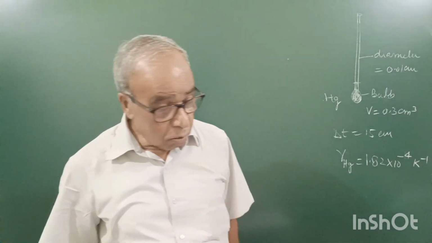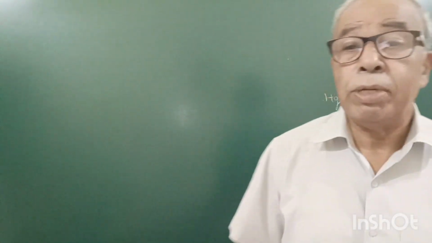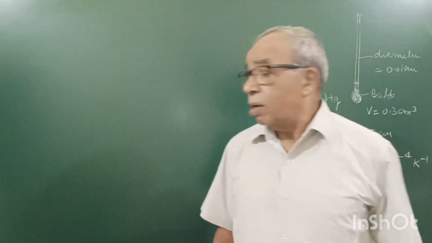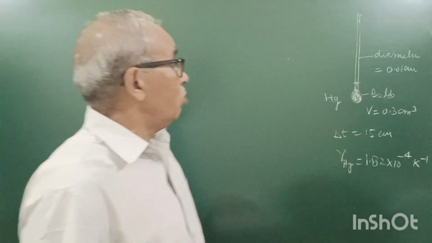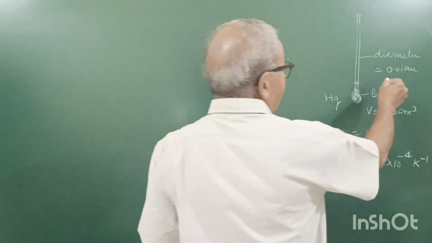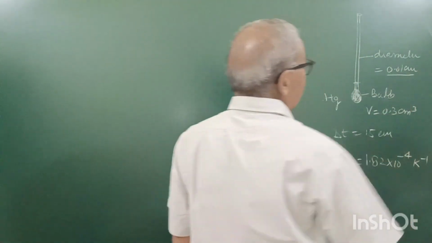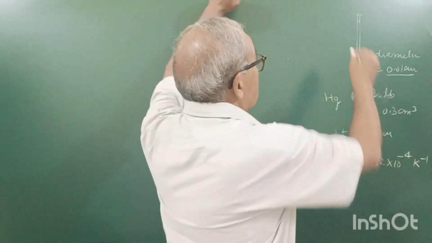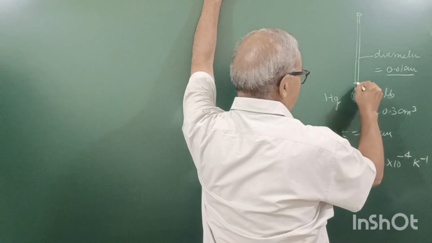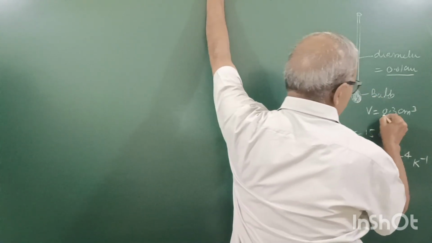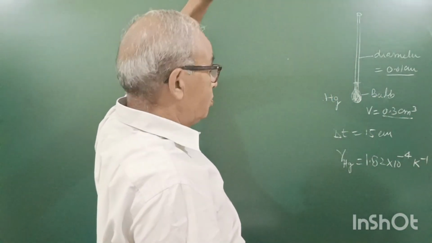Hello dear students, now there are some more questions based on thermal expansion. The figure shows a mercury thermometer whose stem has a diameter of 0.01 centimeter. The volume of the bulb having mercury is 0.3 centimeter cube.